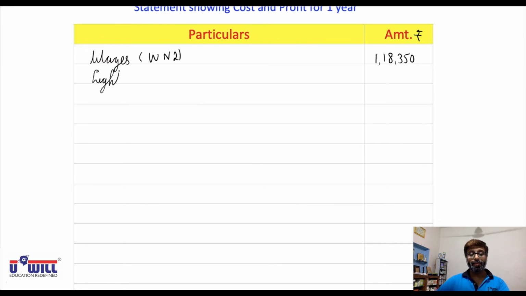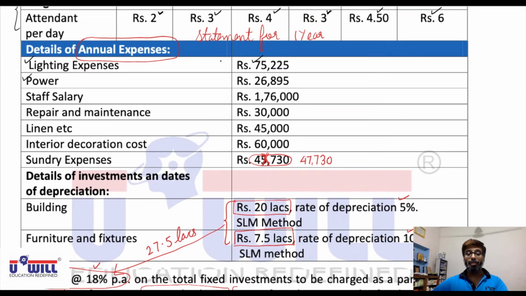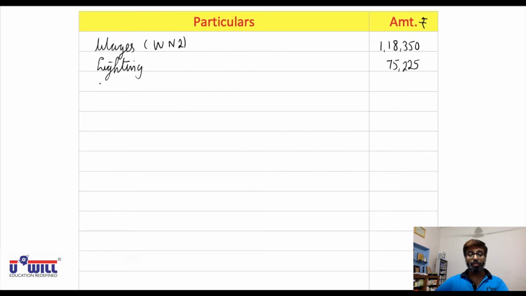Lighting 75,225. Then after lighting, we have power 26895. Power 26895.